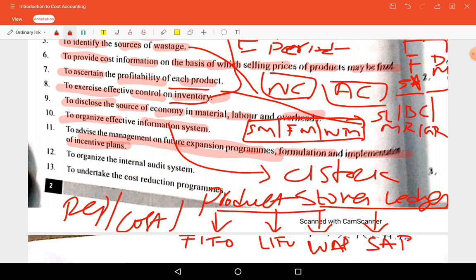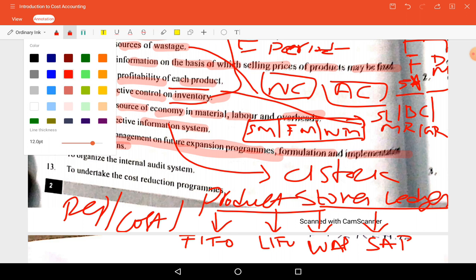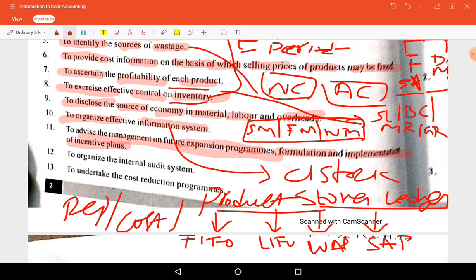These help the management in determining incentive plans, like whether to give bonus to employees or not, which method will be appropriate, Halsey premium method or Rowan method, and whether to go for wage payment on the basis of piece rate system or time rate system. All these decisions will be made based on the information provided by cost accounting.